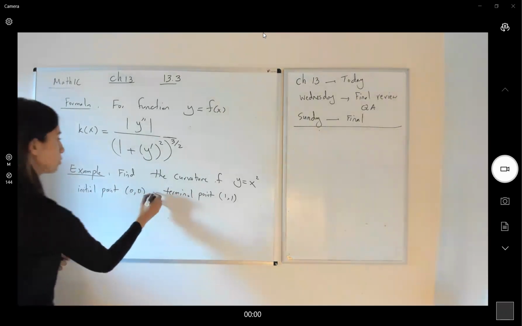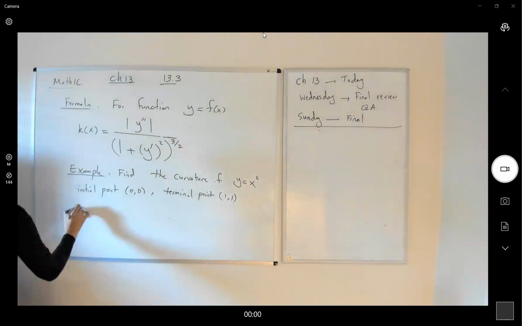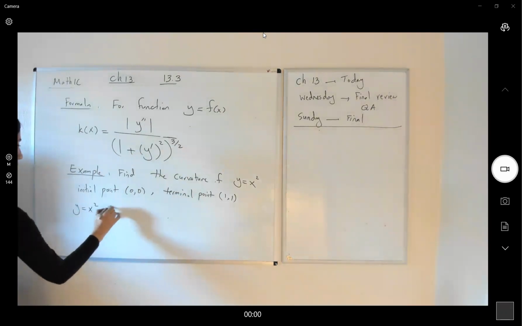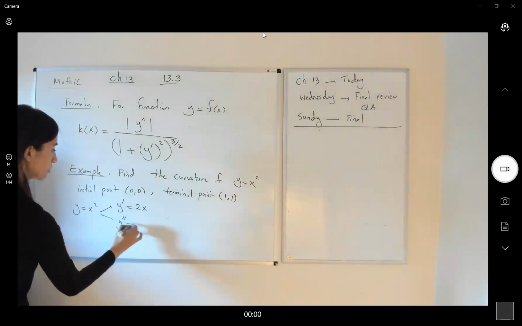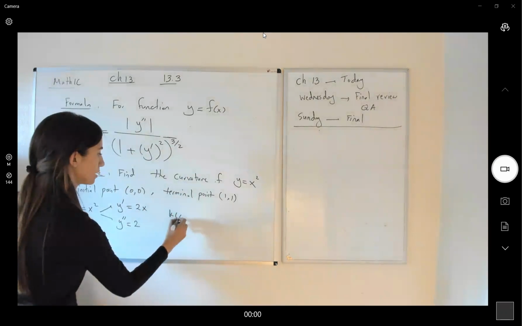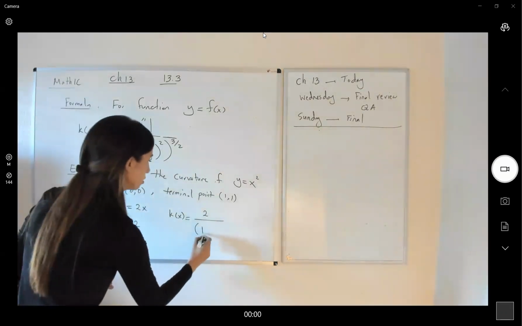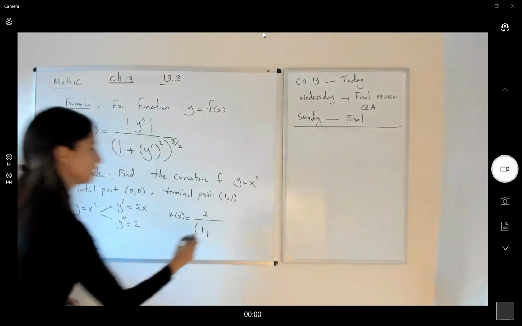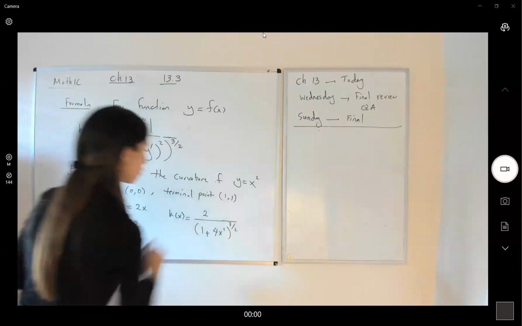So let's follow the formula. What do we need? We need the first derivative and the second derivative of this function. Y is x squared. So the first derivative of the function is 2x. The second derivative of the function is just 2. So the curvature at x is equal to 2 divided by 1 plus y prime, or 2x, squared, raised to 3 halves.